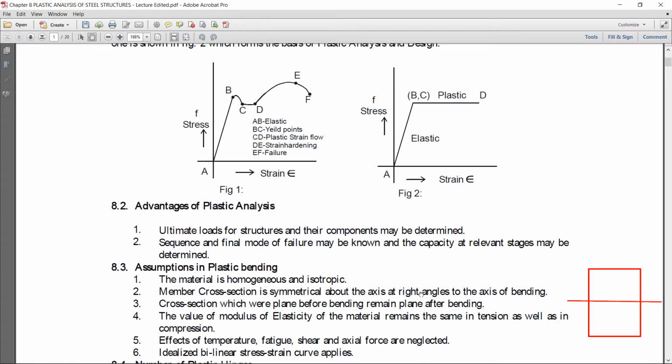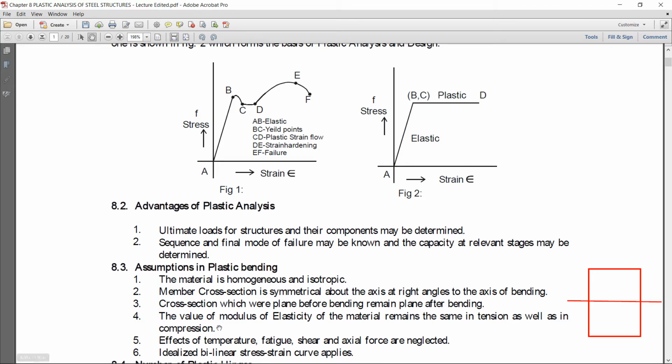Cross sections which were plane before bending: when we bend a beam, the fibers go into a curved shape. So we make the assumption that cross sections which were plane before bending remain plane after bending.